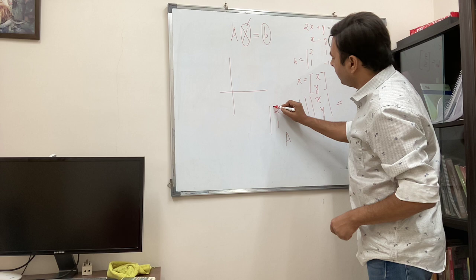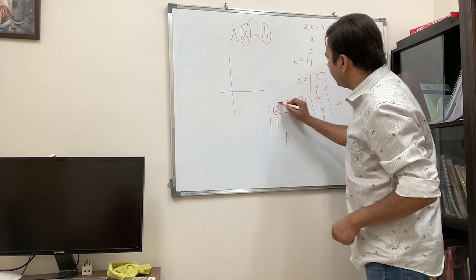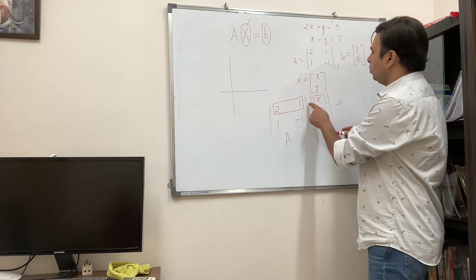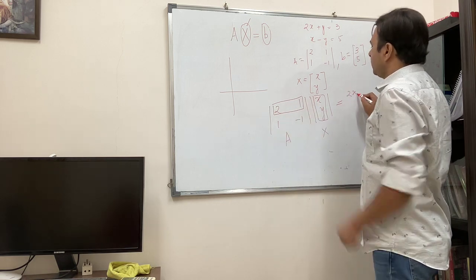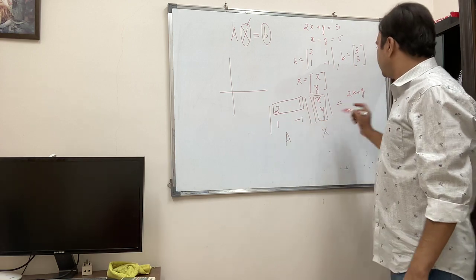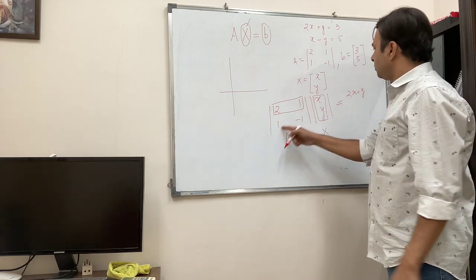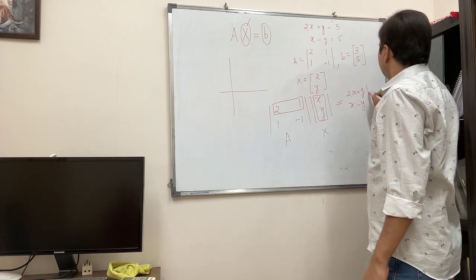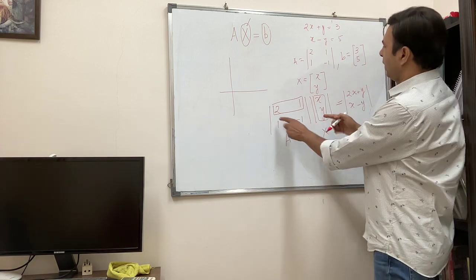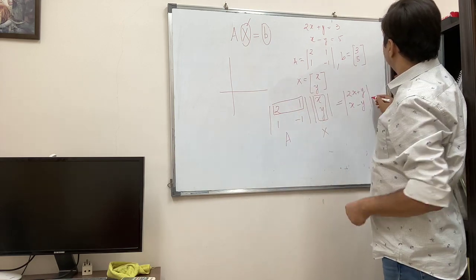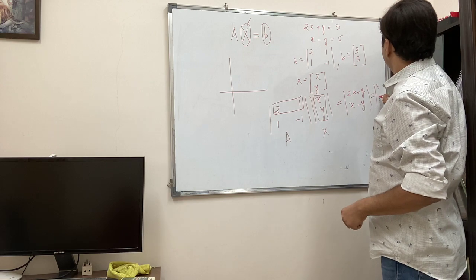The rule of multiplication is take the row from here, multiply it by this, do a dot product, so 2 times x is 2x, 1 times y is plus y, so 2x plus y, and similarly 1 times x is x, minus 1 times y is minus y, x minus y. So A times x is nothing but this, and it has to be equal to b, which is equal to 3 and 5.